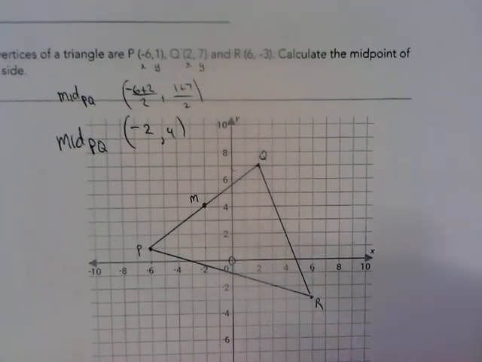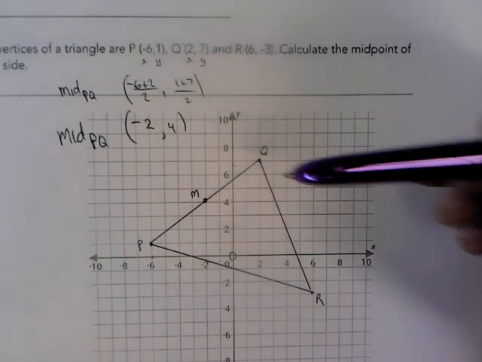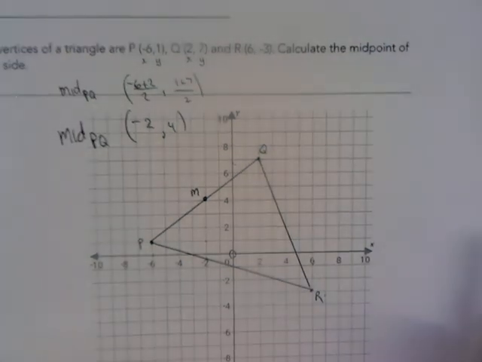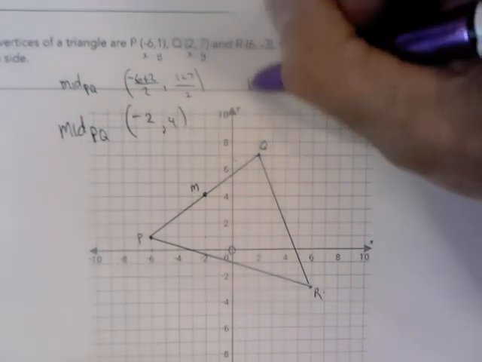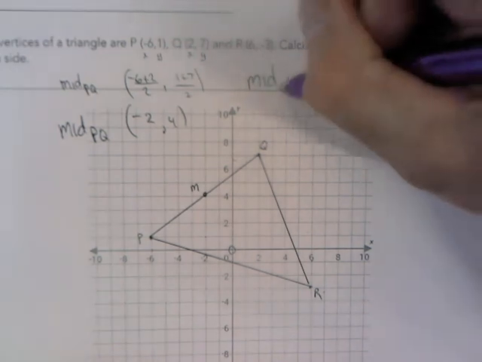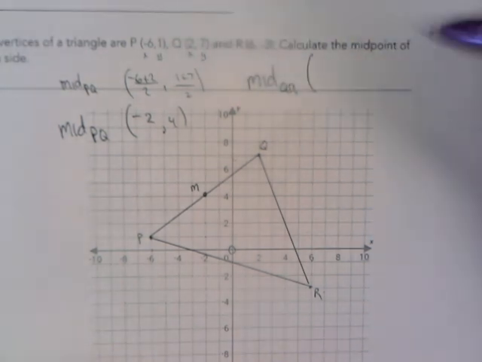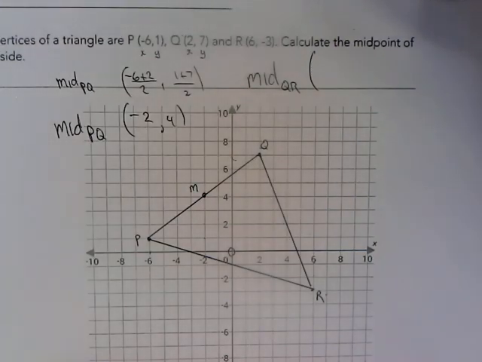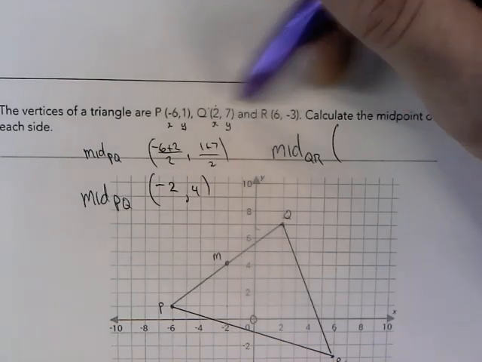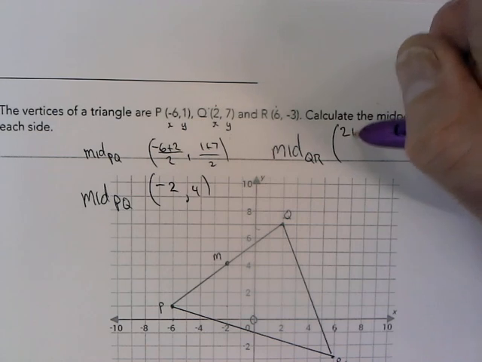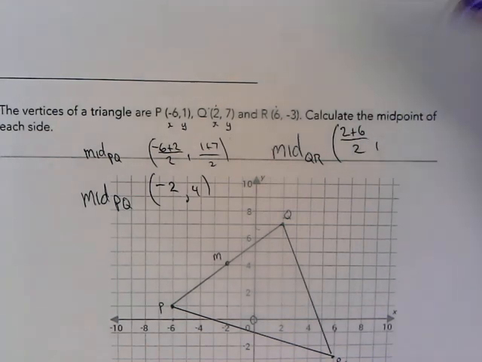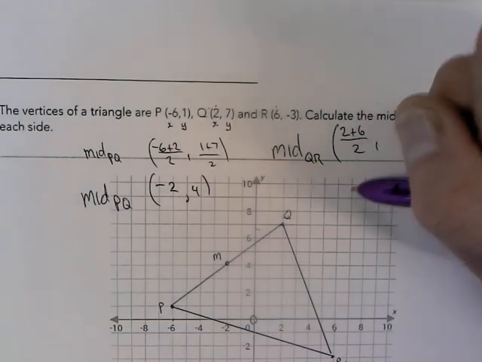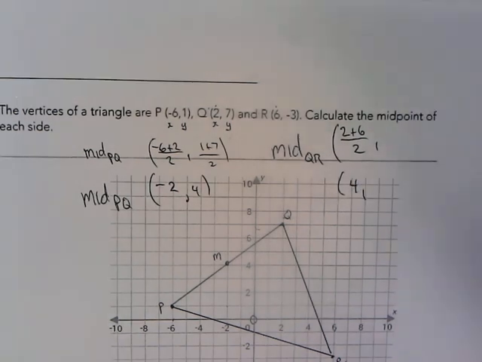Okay, next one. We've done P to Q. Now let's go Q to R and find the midpoint there. So we're going to say midpoint Q to R. First we'll find the X1 plus X2, Q to R. 2 plus 6 and divide by 2. That is 8 divided by 2, which is 4.